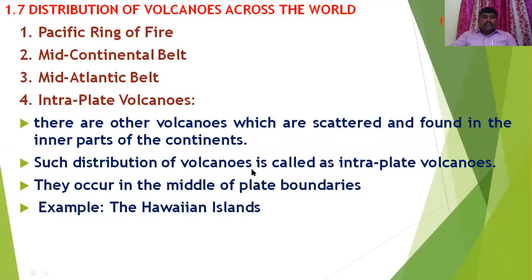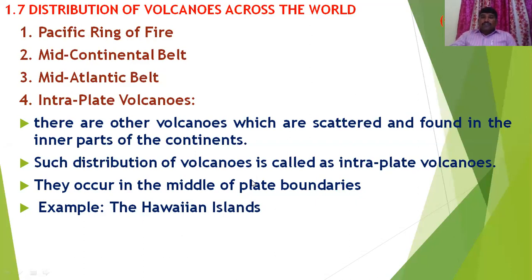And the fourth is intraplate volcanoes or intraplate volcanic belts. Besides the above said three zones of Pacific Ring of Fire, mid-continental belt and mid-oceanic ridge belt, the other volcanoes belt is the intraplate volcanoes.